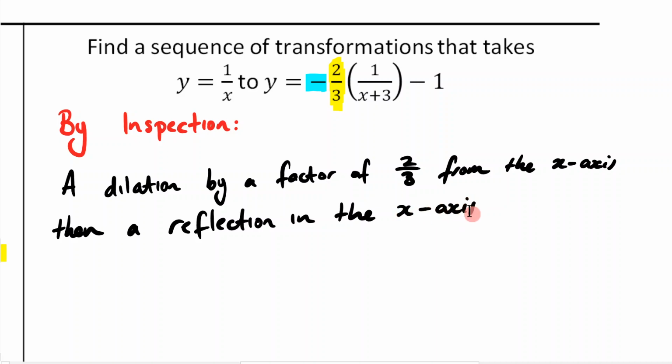And then I'm going to read off the next transformation, which is translations. So I have a 3 here and then a -1 there.